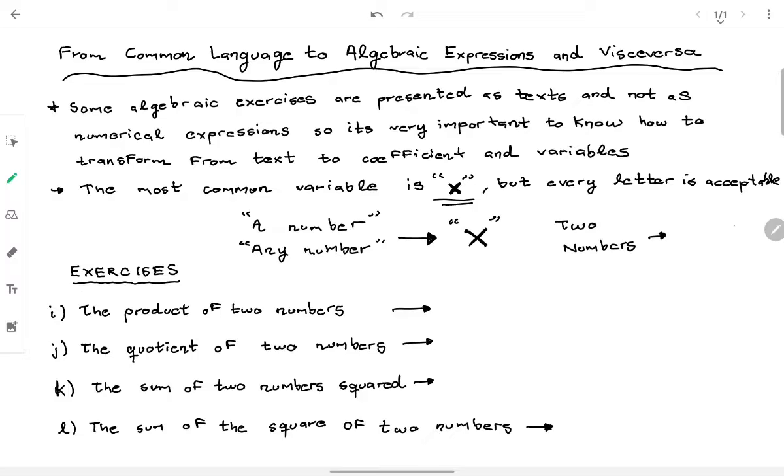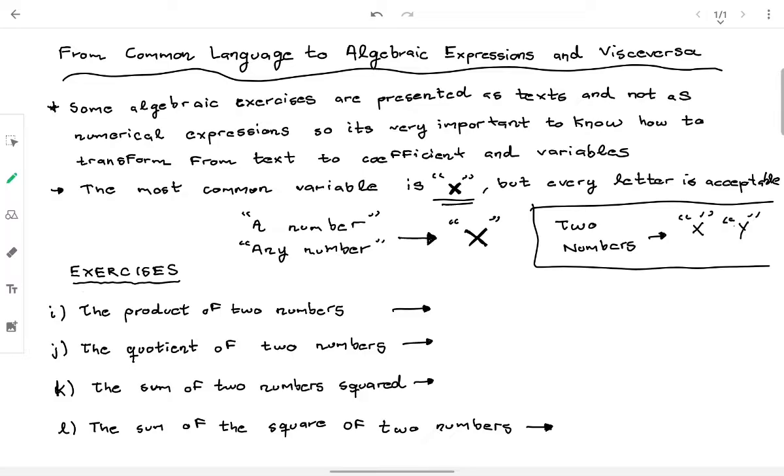If we see these specific examples, they are talking about two numbers. So we saw that when we are talking about a number, we use x. When we are using two numbers, we are using x and y. Normally you can also use two different letters, but the most common is to use x and y.